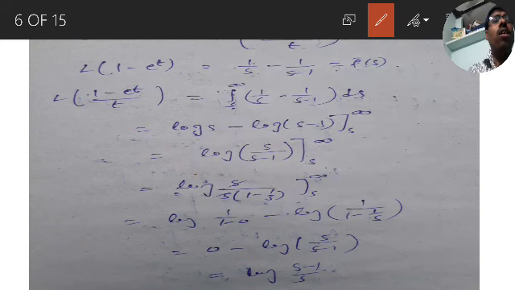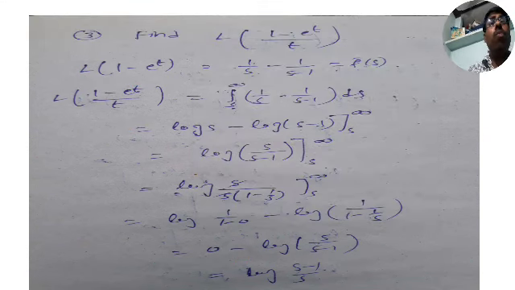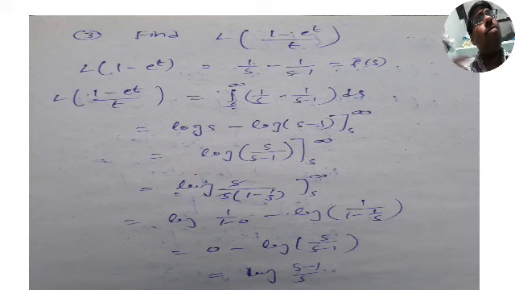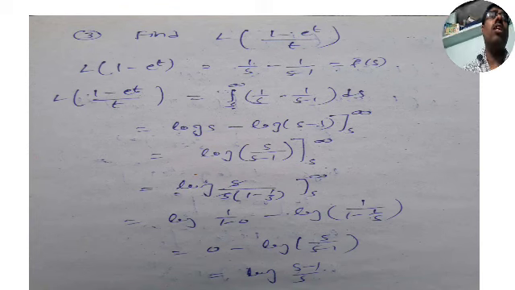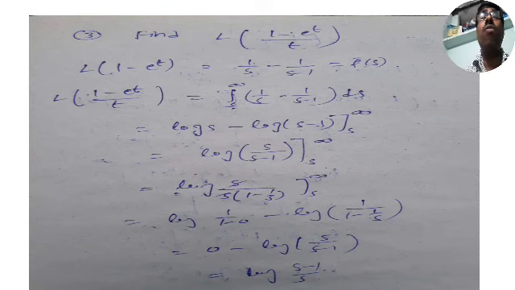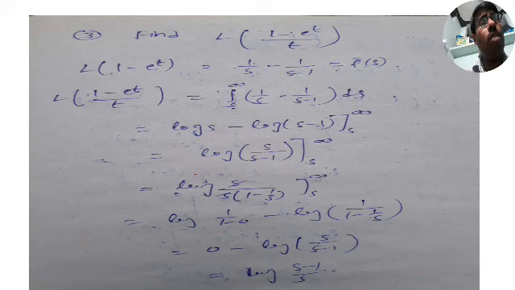So this differs from the first two problems. Here we are using the integration of 1 by x, which is log x. Previously we used the integration of 1 by (1 plus x square), which is tan inverse x, and the integration of 1 by (a square plus x square), which is 1 by a tan inverse (x by a) plus c. Now the integration of 1 by x is log x plus c.